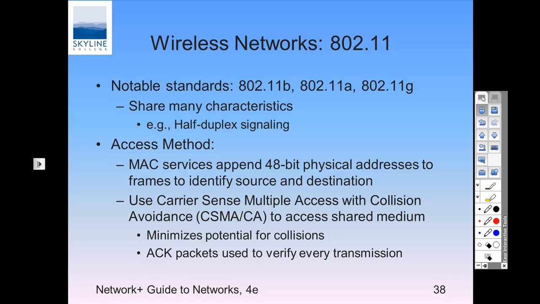Access method, MAC services, the 48-bit, the same things. Carrier sense multiple access, collision avoidance to access these things. An ACK packet is used to verify every transmission, what we said before. Every transmission has to be acknowledged. That's going to take some time. And until we got to the N standard, we couldn't group these transmissions together like you do with wired.